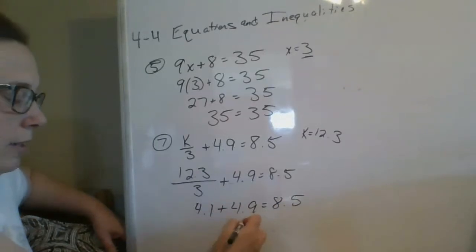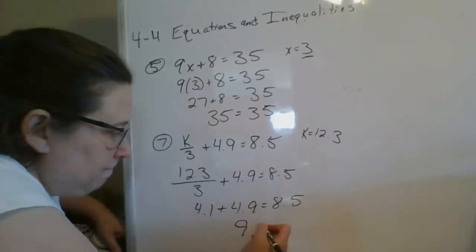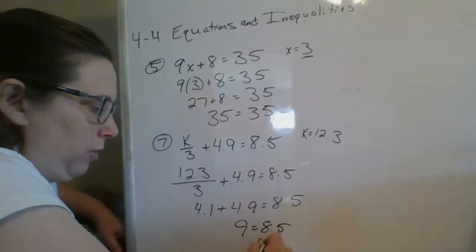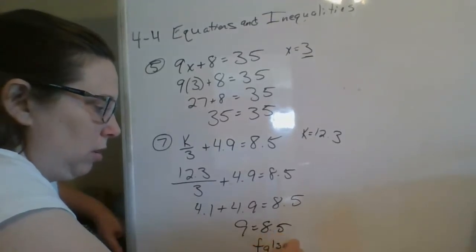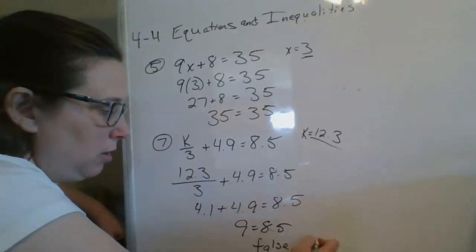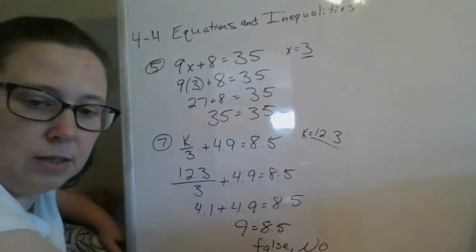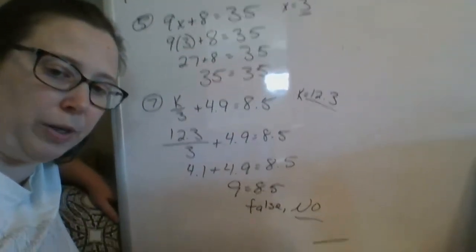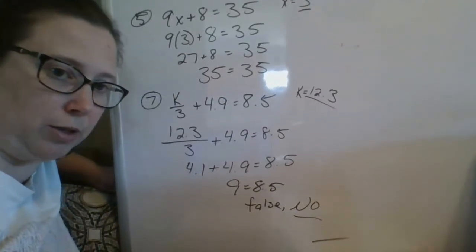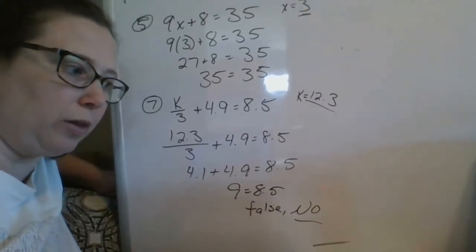When we add these together, we get 9 equals 8 5/10. Well, that's false. That means that 12 3/10 is not a solution to this equation. There's another number that is a solution to this equation, but 12 3/10 is not it.